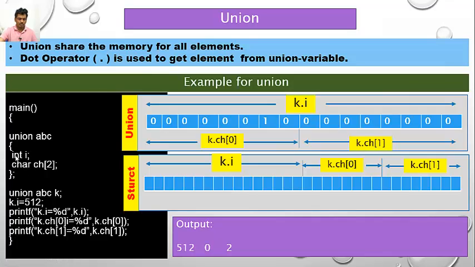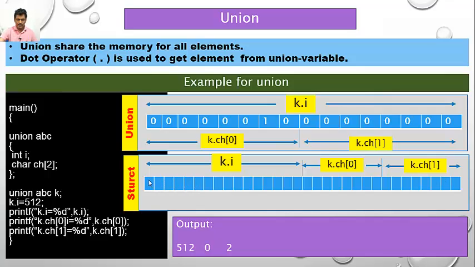Example: integer I requires 2 bytes. Character ch of 2 locations, each location 1 byte, also requires 2 bytes. If it is a structure, it occupies 4 bytes, because 2 bytes for I, then again 2 bytes for ch. So the memory mapping of the structure is totally 4 bytes.